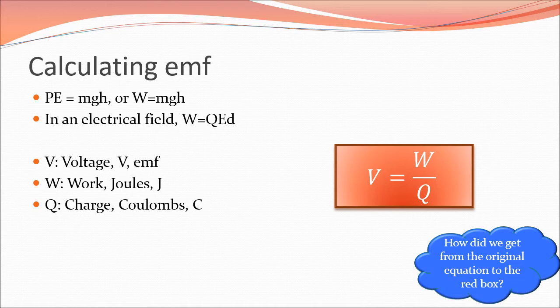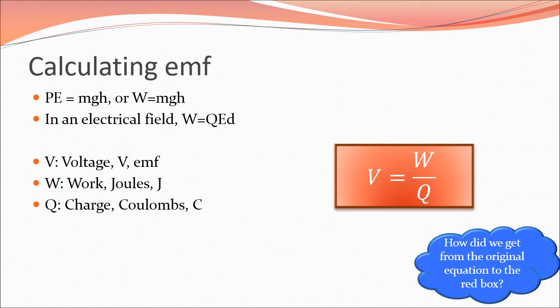So if we equate EMF, or the work done to move our charge through our electric field, to the work done to move an object with mass through a difference in height in our gravitational field, we know that gravitational potential energy equals mass times gravity times height, or the work done to lift an object through a certain height is mgh.